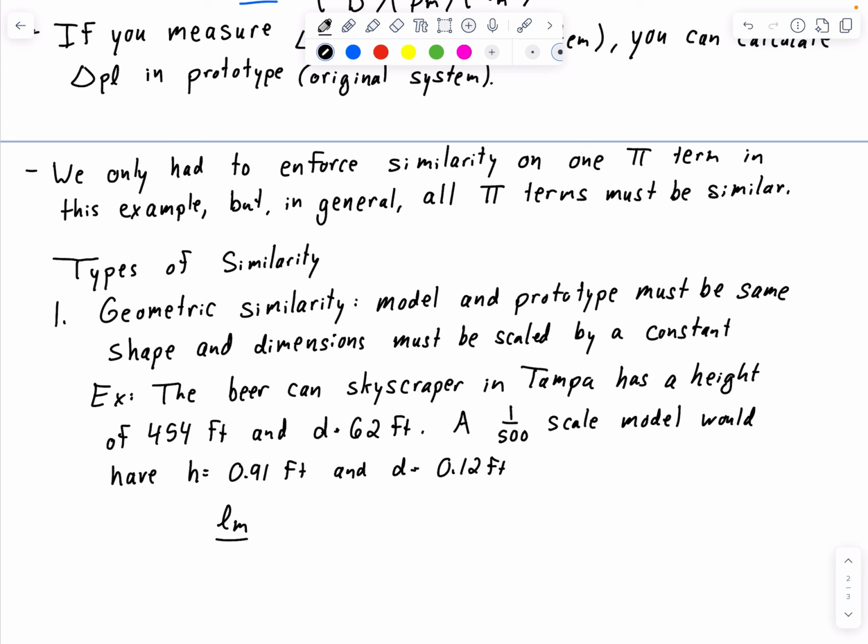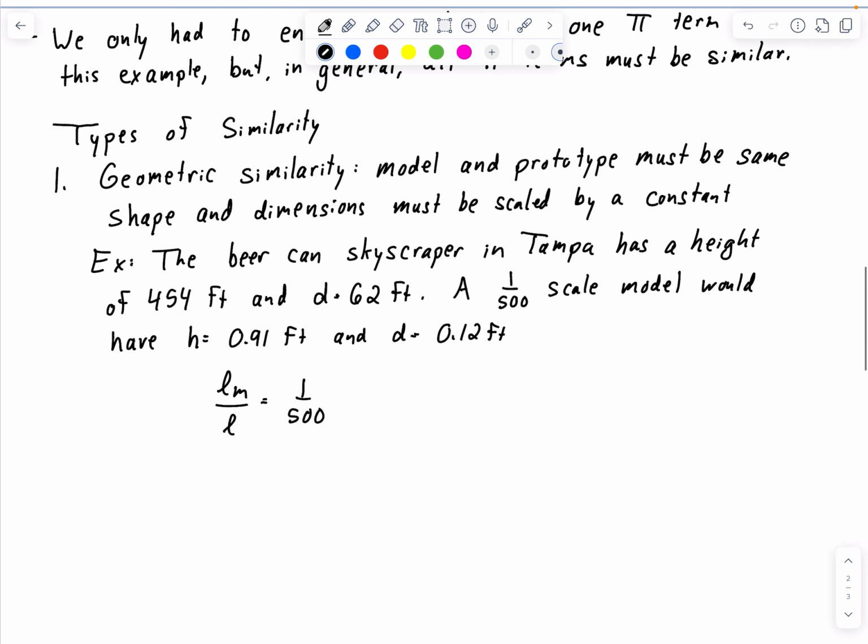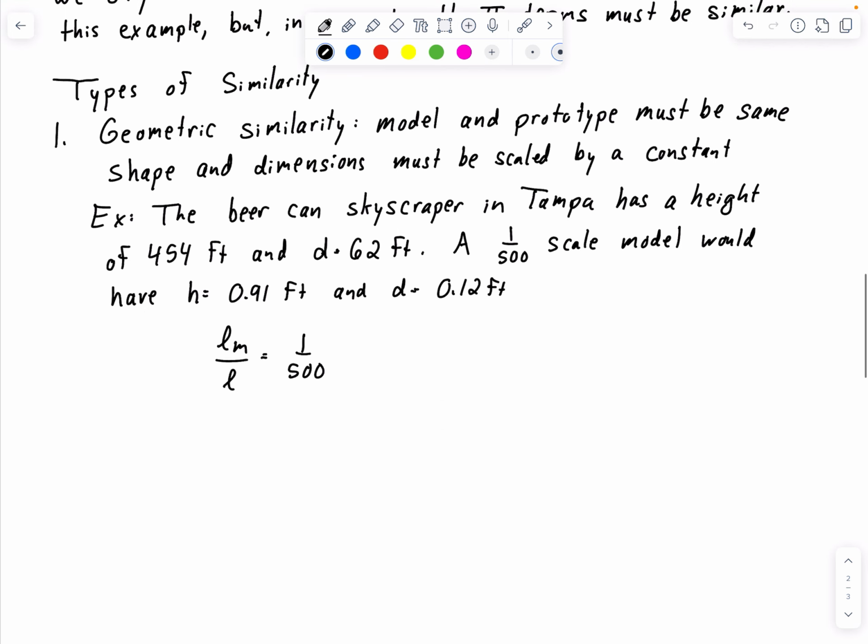The length of the model divided by the length of the prototype is equal to 1 divided by 500. So you can apply that to both the length or the height and the diameter to find the appropriate dimensions of your model. So we're just dividing through the original by some constant factor to get the dimensions of the scaled version, a geometrically similar scaled version. So that's the first type of similarity.